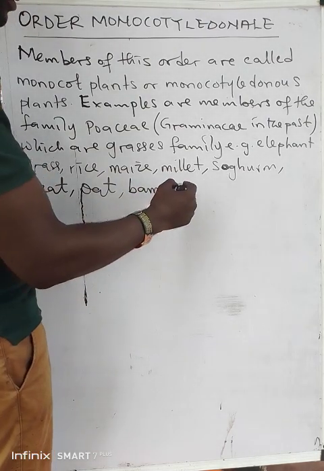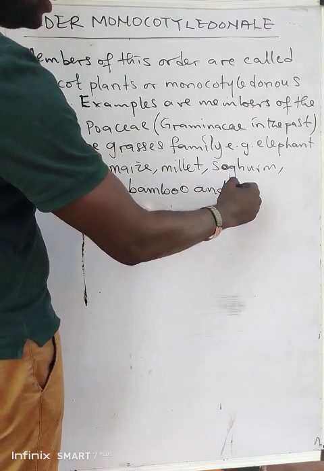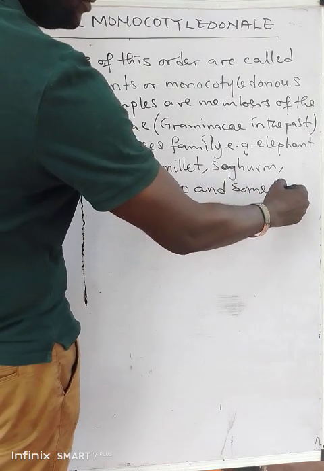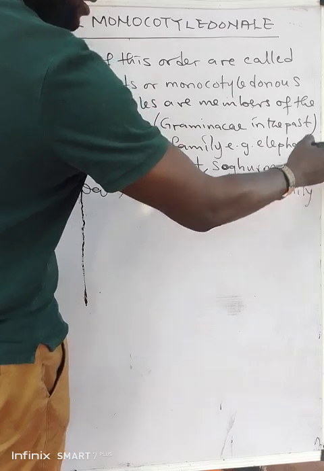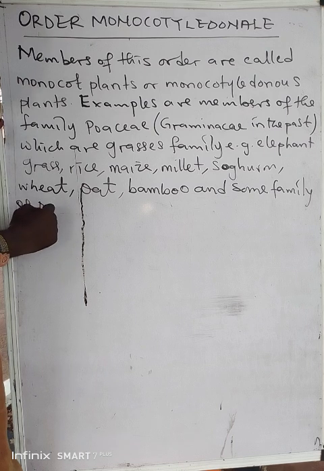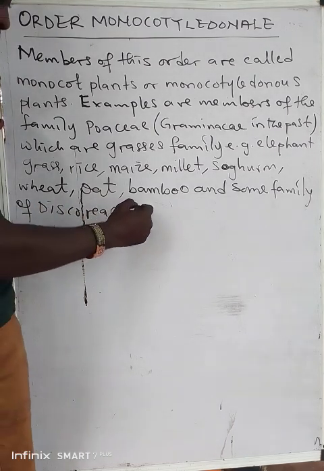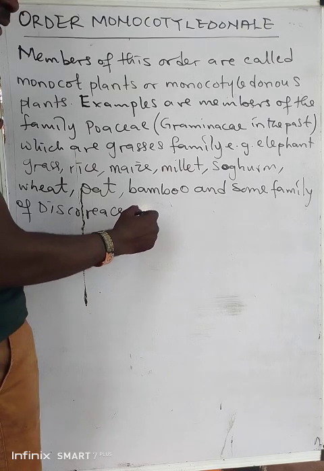Bamboo. And some families, Discoriaceae. Discoriaceae, that's the yam family.